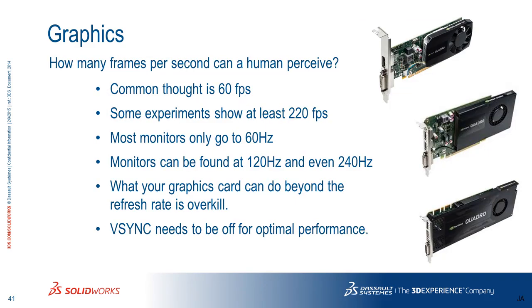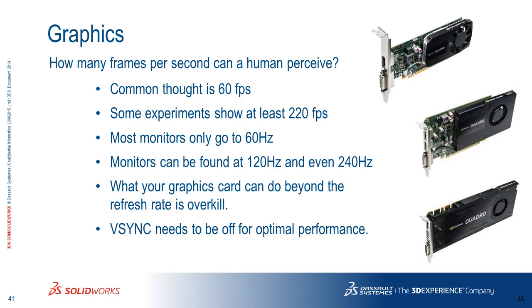No worries. So when we look at graphics, we're looking at how many frames per second the human eye can perceive. Common thought is 60 frames per second. Some experts, testing has shown at least 220 frames per second. One thing that we have to remember, most of our monitors only go to 60 hertz, 60 frames per second. Monitors can be found at 120 hertz, even 240 hertz at this point in time.